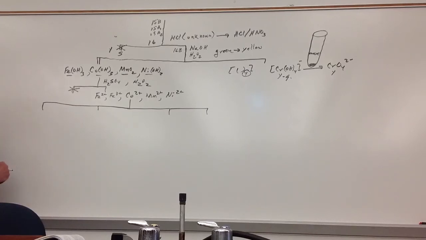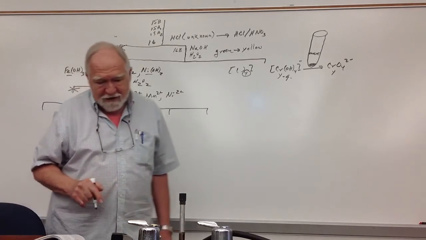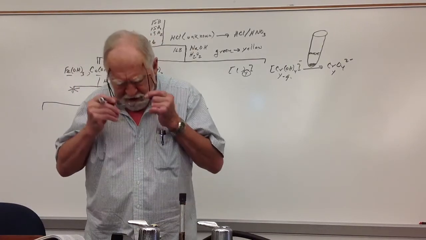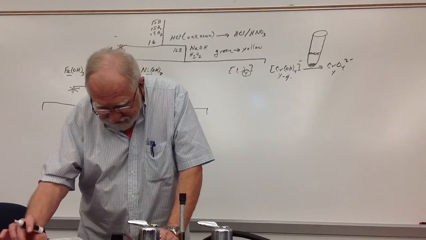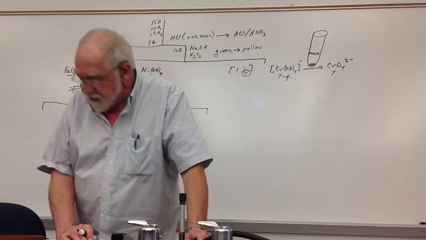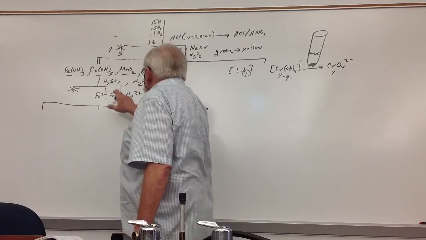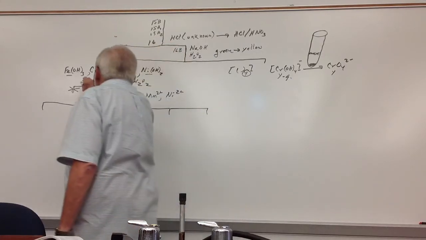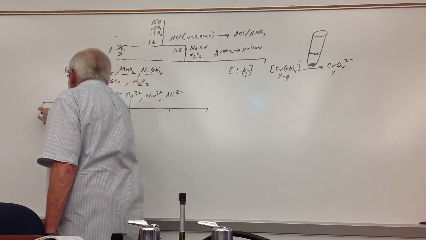Now, for the iron test. Procedure for you, because it's still part of procedure 16, is it? No. Yeah. Procedure 17, sorry. 17 is where you dissolved it. So this is part of 17 right here. And this is part of 17.